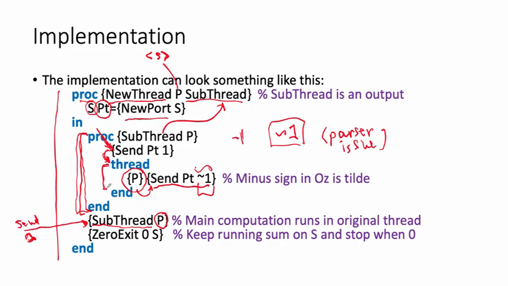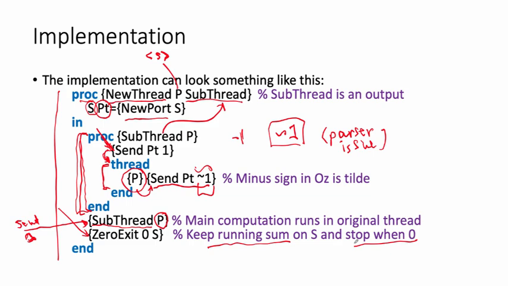And it will immediately create a thread, and then it will run ZeroExit. ZeroExit is a procedure that will read the stream and keep a running sum, and it will exit when the sum is 0. Otherwise it keeps running until the sum is 0. So this is the definition.